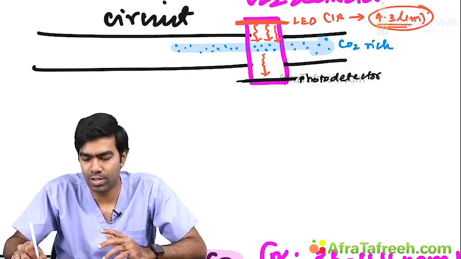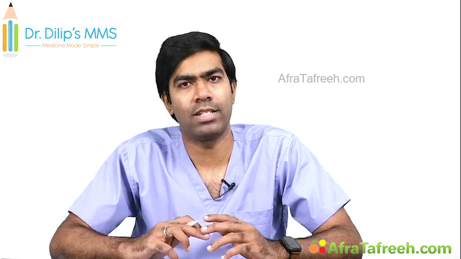Again, this is in accordance with Beer-Lambert's law, where you can easily tell that if the amount of carbon dioxide in the gas column is more, absorption will be more, so the amount of light detected by the photodetector will be very less. Similarly, if the carbon dioxide in the gas column is very less, then the amount of light absorbed by the carbon dioxide molecules also will be very less, so the light passing through the gas column and reaching the photodetector will be more.